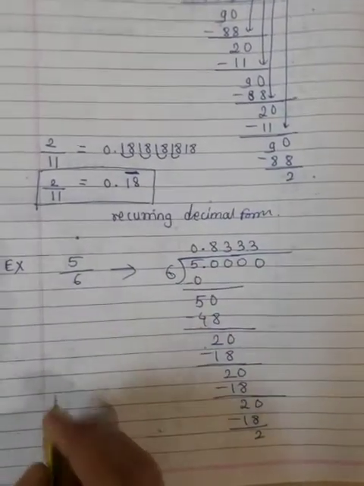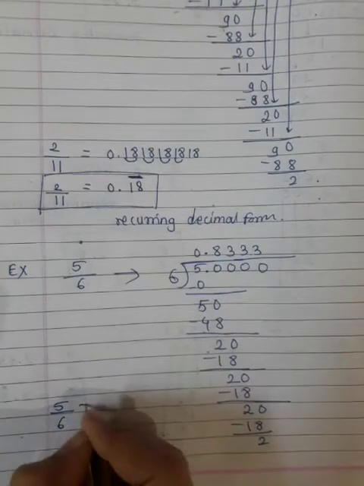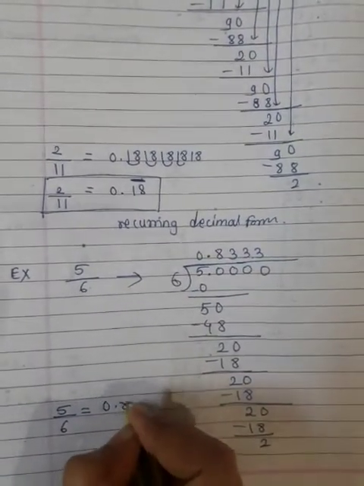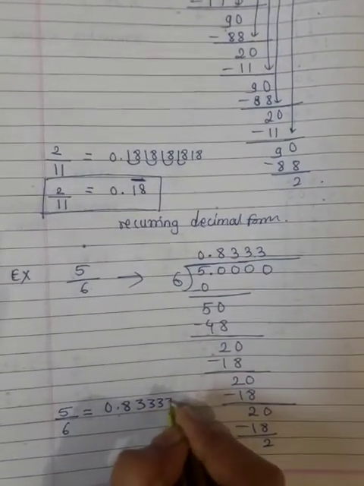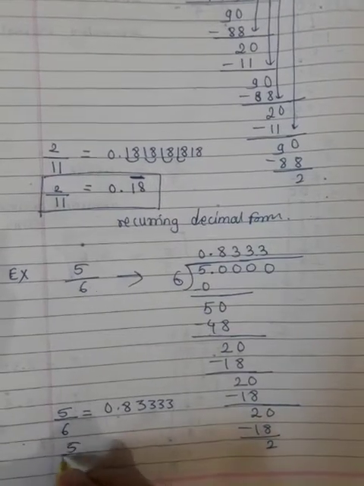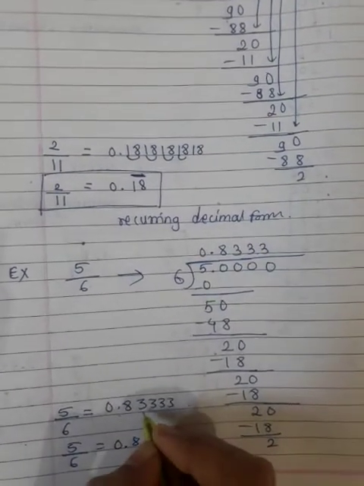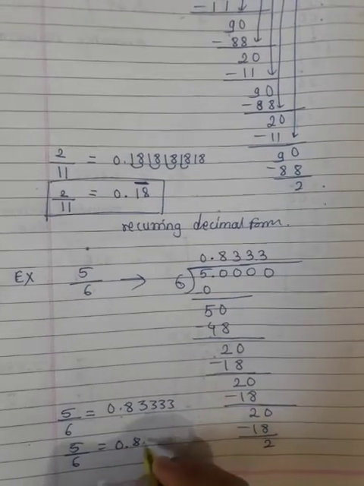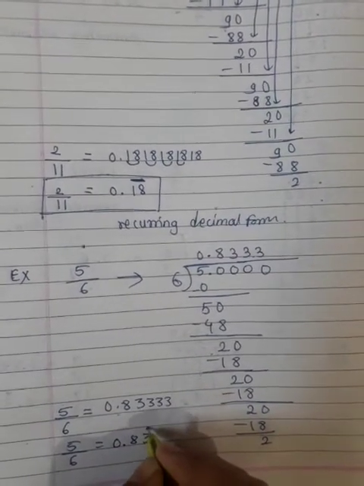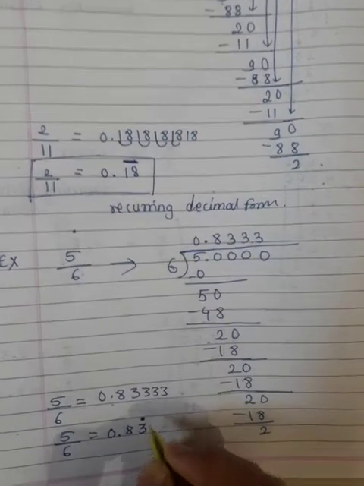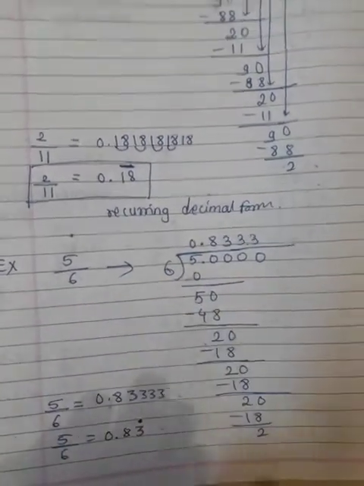So you can write 5 by 6 as 0.83333 and so on. Here, after 0.8, the single digit 3 is repeated, so write 3 and put a dot on 3, because 3 is repeated. Such types of examples are also there, so remember that.